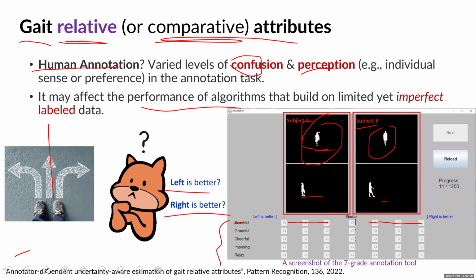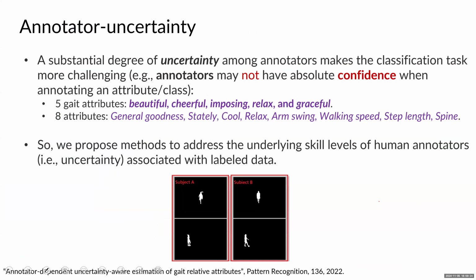If you see the human, or the cat, then by looking at the person you can like it or not, but looking at only the silhouette image, with background or no background, it's very difficult to understand. All right, now with annotators, we see that uncertainty issues are there. Now, how much uncertainty? How to know?